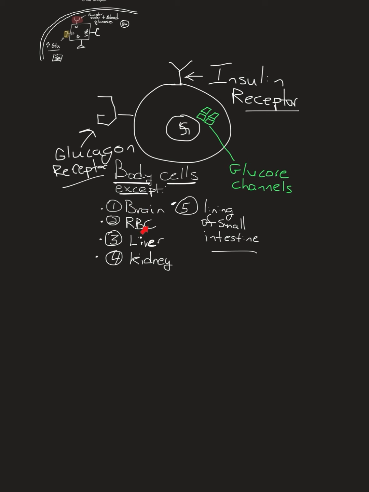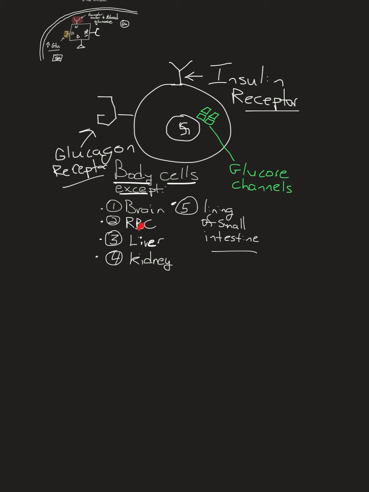Mature red blood cells don't have a nucleus, and so they're not going to be able to produce a lot of proteins. They don't have DNA, so they don't really have mRNA readily available after they're mature. And they can't make any more mRNA because they don't have DNA, because they don't have a nucleus anymore.